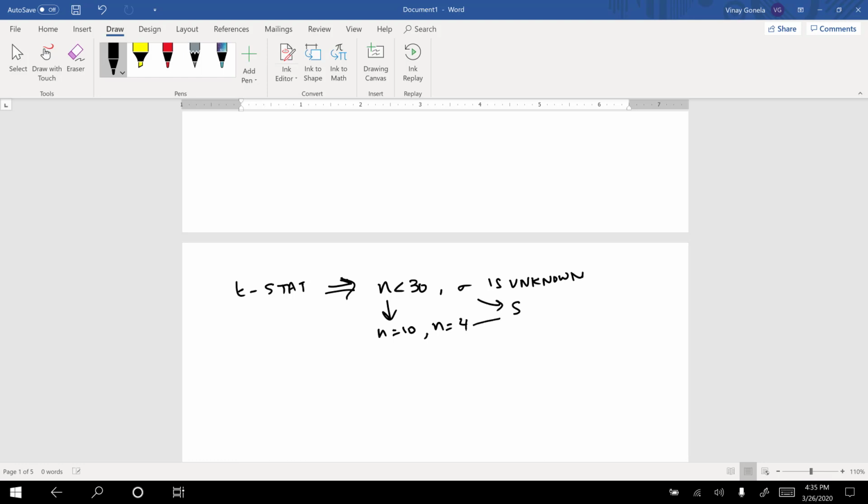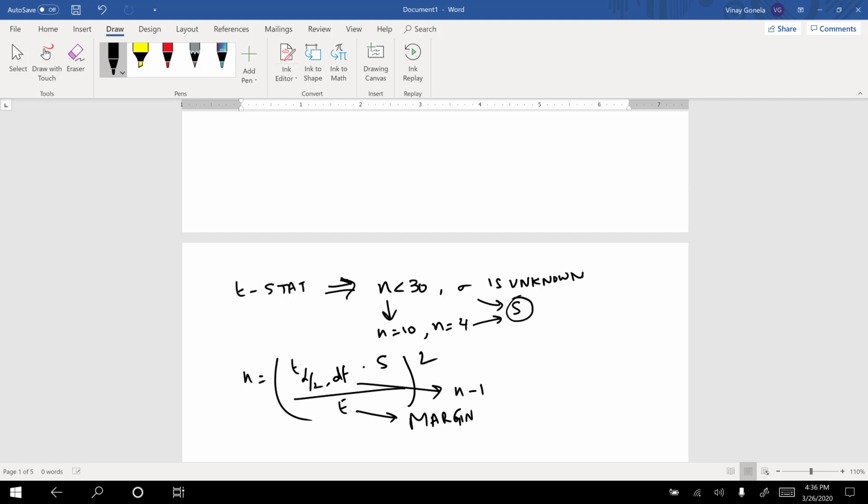So the formula is T alpha over 2 degree of freedom multiplied by S divided by E, whole square, where degree of freedom is n minus 1, E is the margin of error, how much error you are estimating at max, and S is the sample standard deviation.